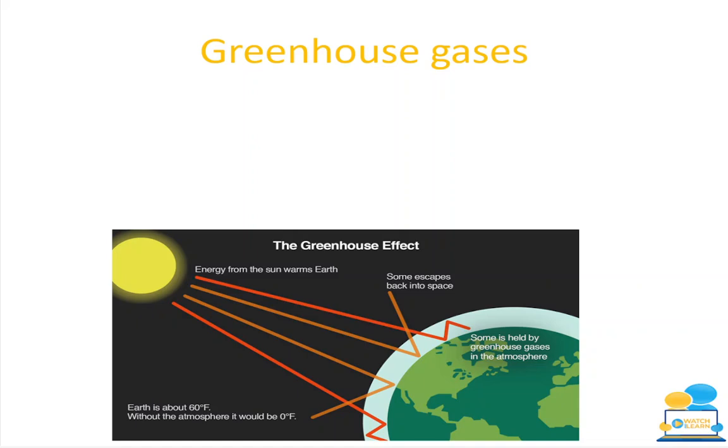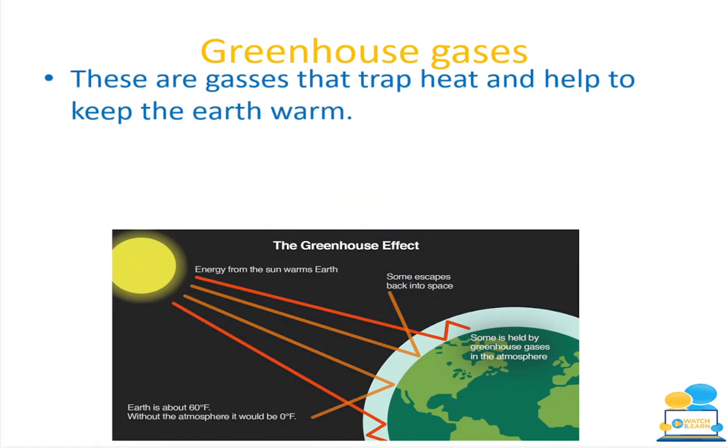So when it hits Earth, it reaches about 60 degrees Fahrenheit, and without the atmosphere, it'll be about 0 degrees Fahrenheit. So some is held by greenhouse gases in the atmosphere. So there's like a protective layer called the ozone, okay? And some of this heat will escape back into space. So greenhouse gases are gases that trap heat and help to keep the Earth warm, okay? So naturally, this is good.